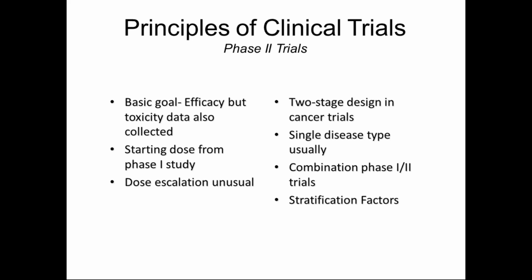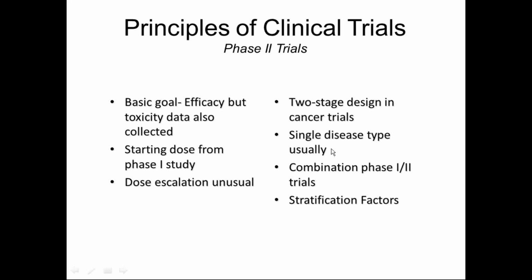Or, we're going to accrue X, we haven't seen one of what we're looking for. There's no way statistically at this rate that we're going to define this as a successful therapy. We're going to stop here. And basically what you're trying to do is minimize the number of patients that you're putting on a study to do that. Here, it typically is a single disease type.